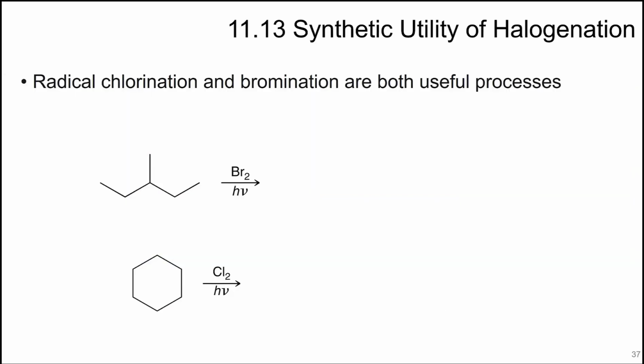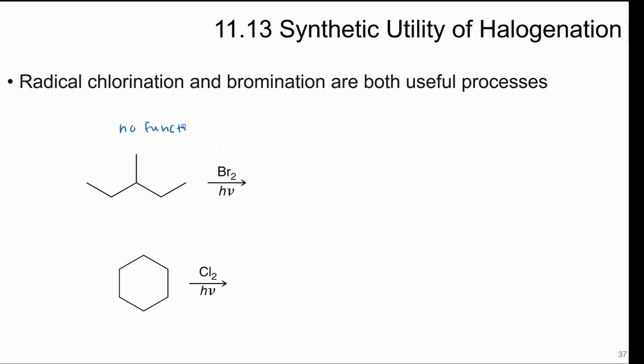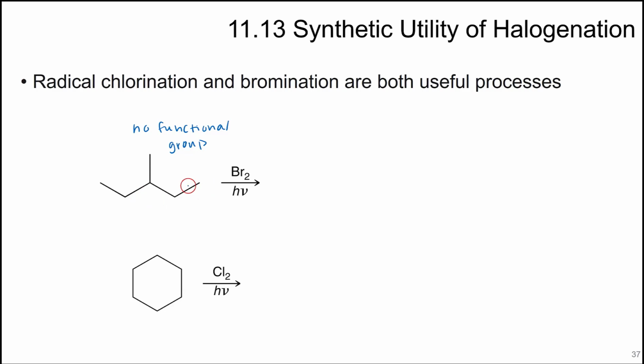There's lots of uses for halogenation and synthesis. You can use radical chlorination and bromination in different types of settings. If you look at this here, there's no functional groups. If you wanted to do a reaction with this, there's no alkenes or alkynes that we can do reactions with. But if we want to brominate the most substituted position, this now gives us a functional group handle. The same thing with chlorine.